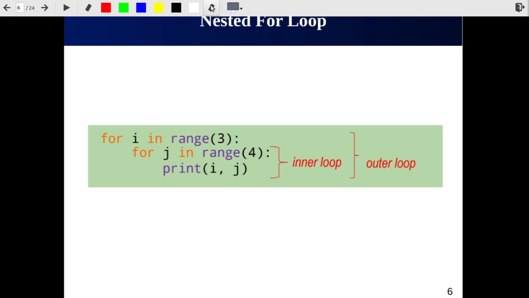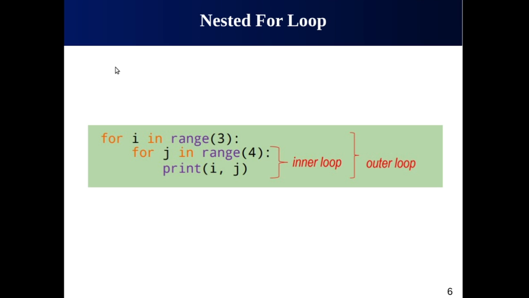Let me try to demonstrate how things work. We have a variable i. The initial value of this variable is 0. In our outer loop, we check the condition here: 0 is less than 3. The condition is true.